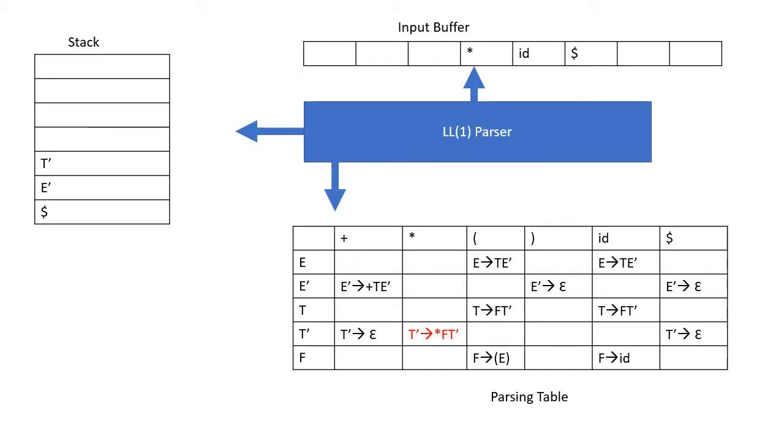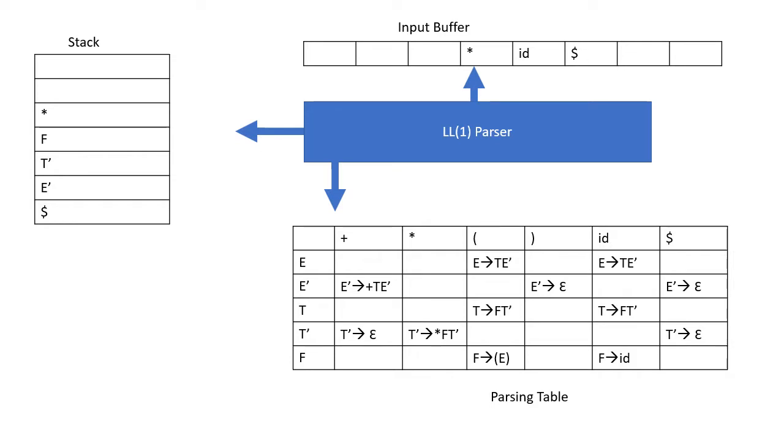Then next we have T dash and star, multiplication. T dash on multiplication, we get this. T dash here can be replaced by what is here, that is star F T dash. Remember, you have replaced T dash by star F T dash in a right to left manner.